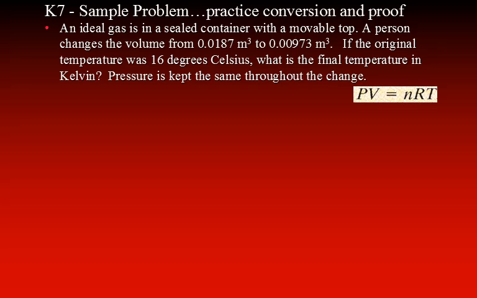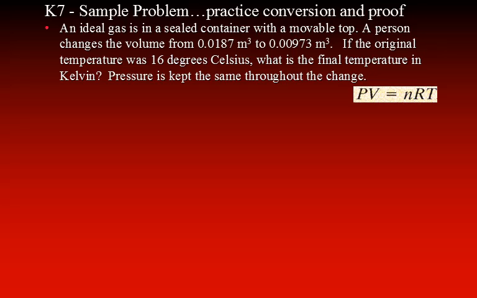All right, so in this one, we'll practice this here. This is case 7. An ideal gas is in a sealed container with a movable top. A person changes the volume from 0.0187 meters cubed to 0.00973 meters cubed. If the original temperature was 16 degrees Celsius, what is the final temperature in Kelvin? The pressure is kept the same throughout the change.